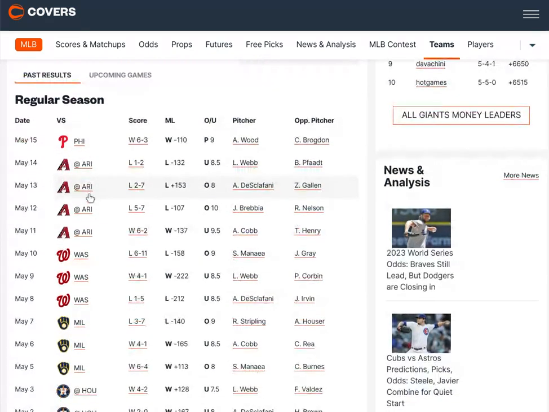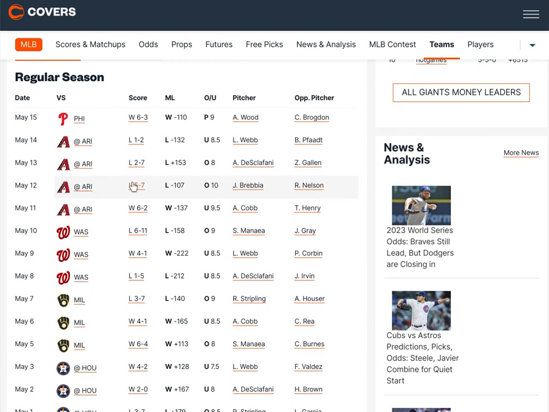Same deal. This was the game in question. So we look at form the previous 10 games prior to that. San Francisco had won 5 of their last 10. So they were in decent form. Won 5, lost 5.